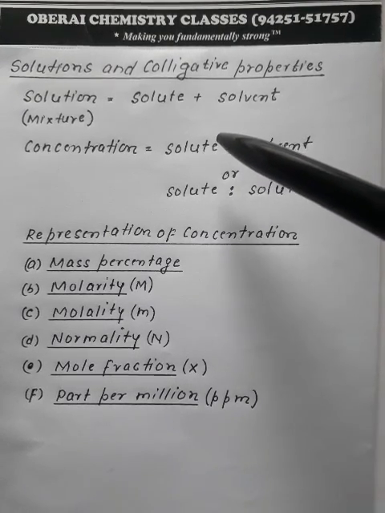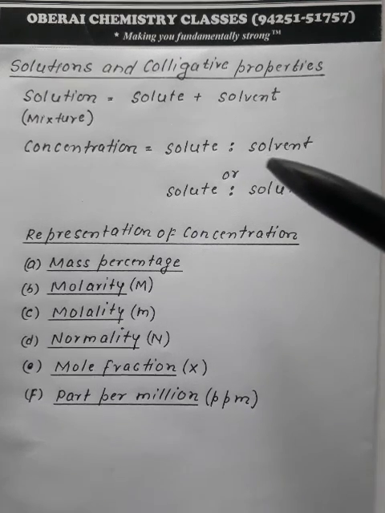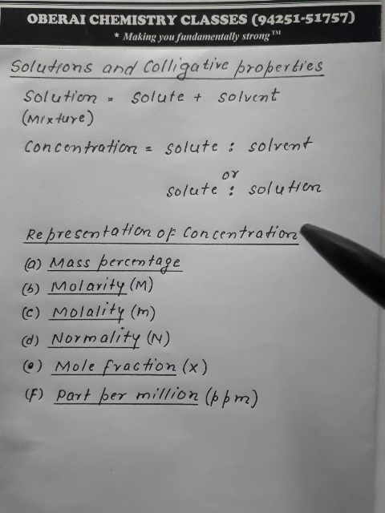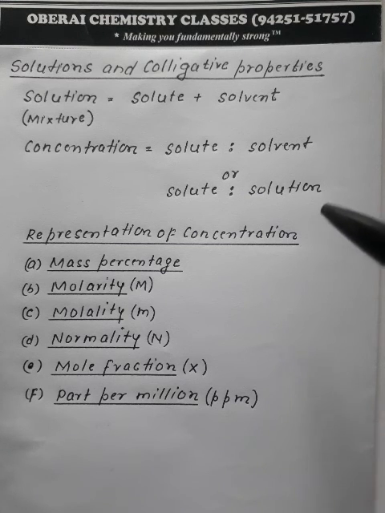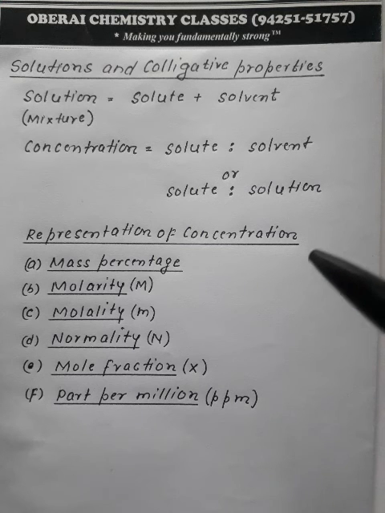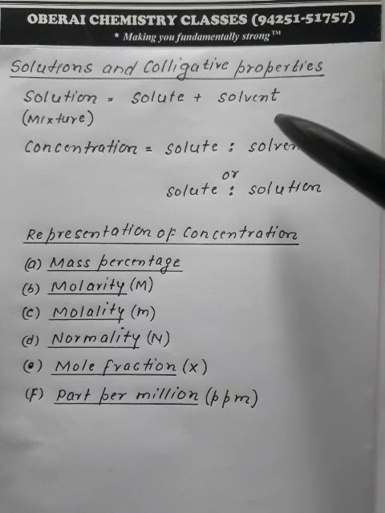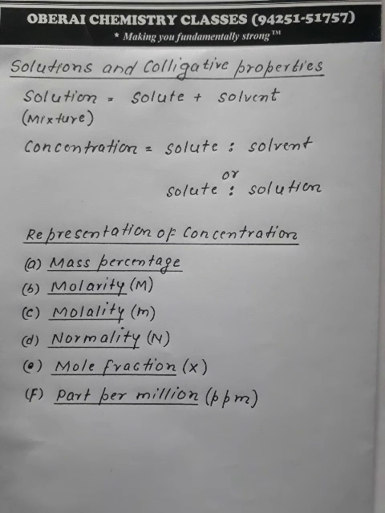Solutes are like NaCl, KCl, KNO3, etc. A solute could be a solid like NaCl, KCl, etc. It could be a liquid like ethanol, methanol, etc. It could also be a gas like SO2, CO2, SO3, etc. So the mixture of solute and solvent is termed as solution.